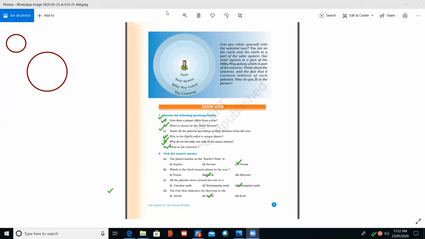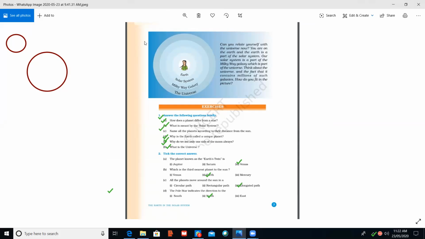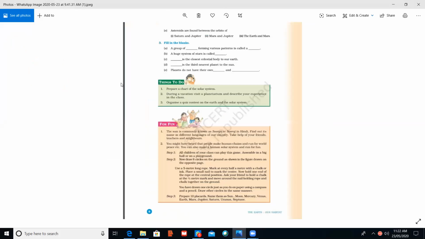Before that, let me clear all the drawings. Asteroids are found in between the orbits of the inner planets and the outer planets, here, Mars and Jupiter.